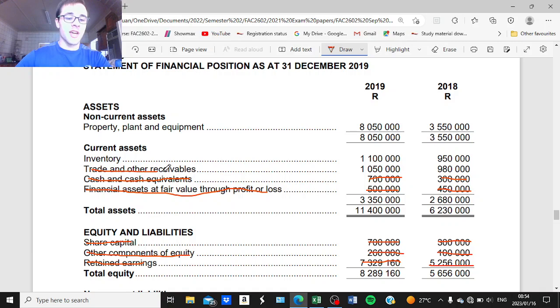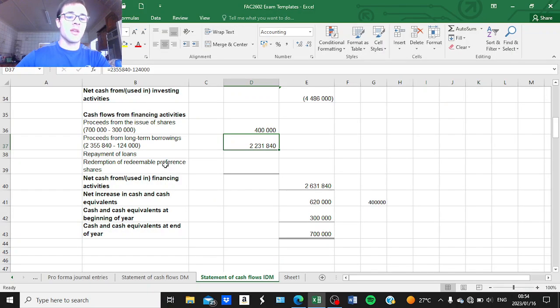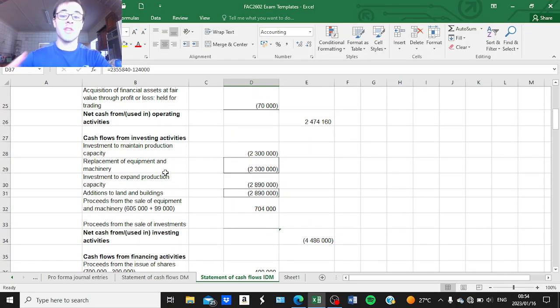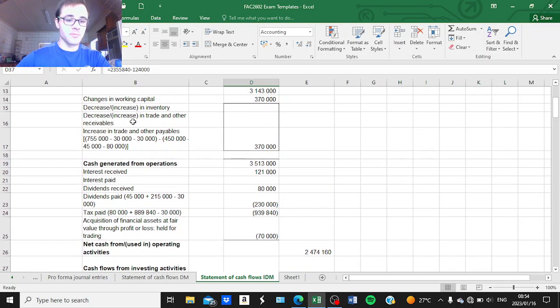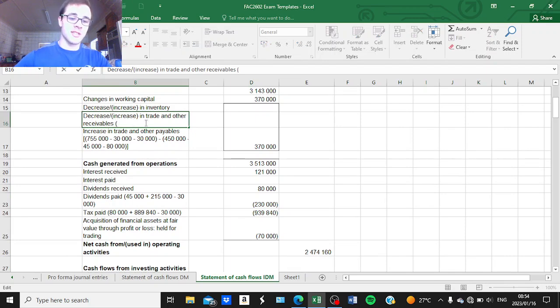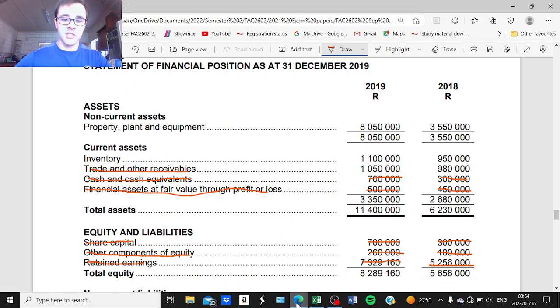Then we need to calculate the change in trade and other receivables. There were no credit losses written off during the year, which we need to consider. And there are no other balances included in trade and other receivables.